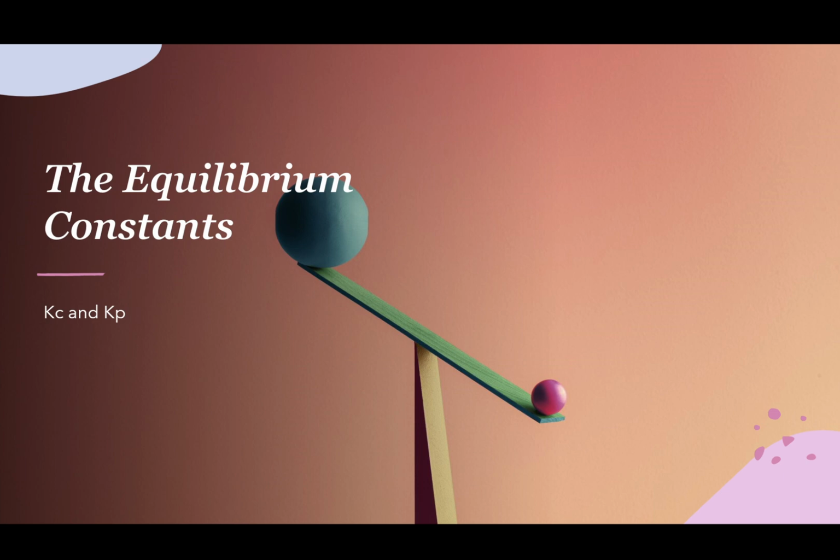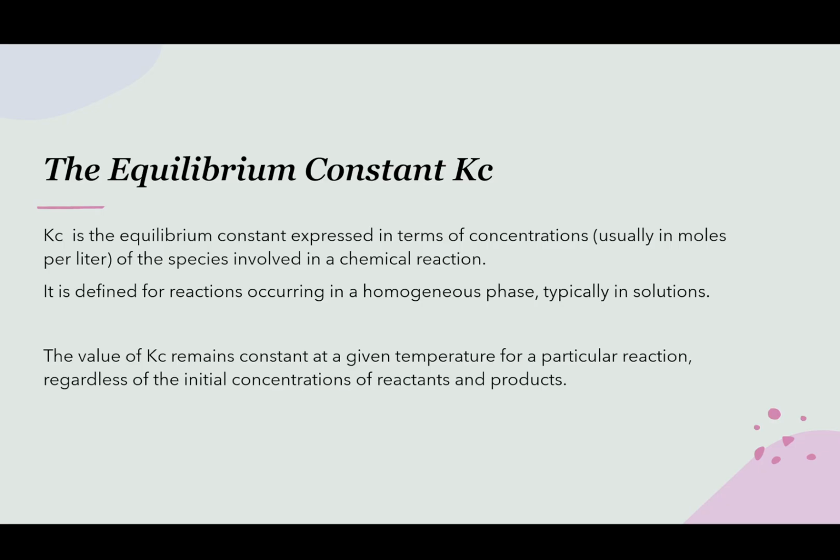Okay, so let's have a look now at the equilibrium constants Kc and Kp. I know that you would probably have seen this already, so the questions would be really easy for you, but let's go over what these equilibrium constants are. Let's start with Kc.